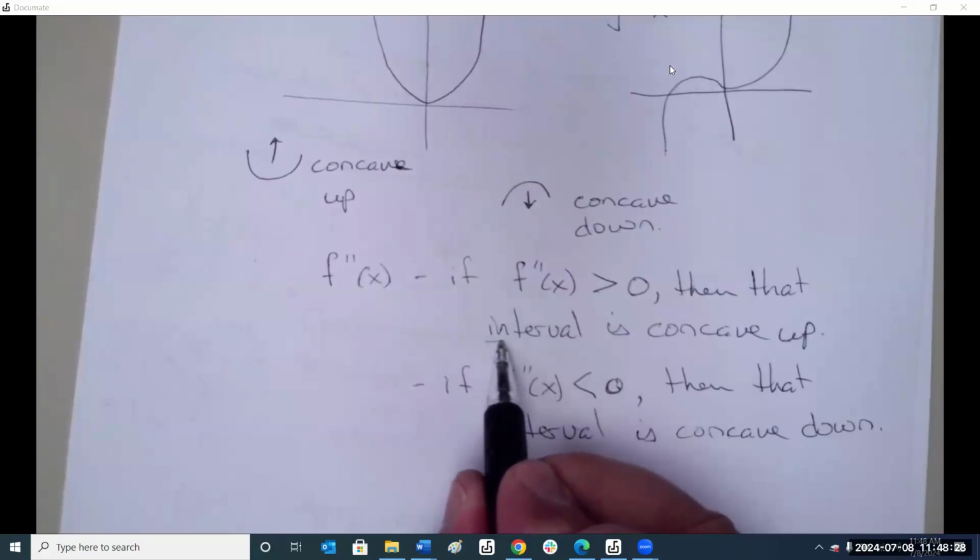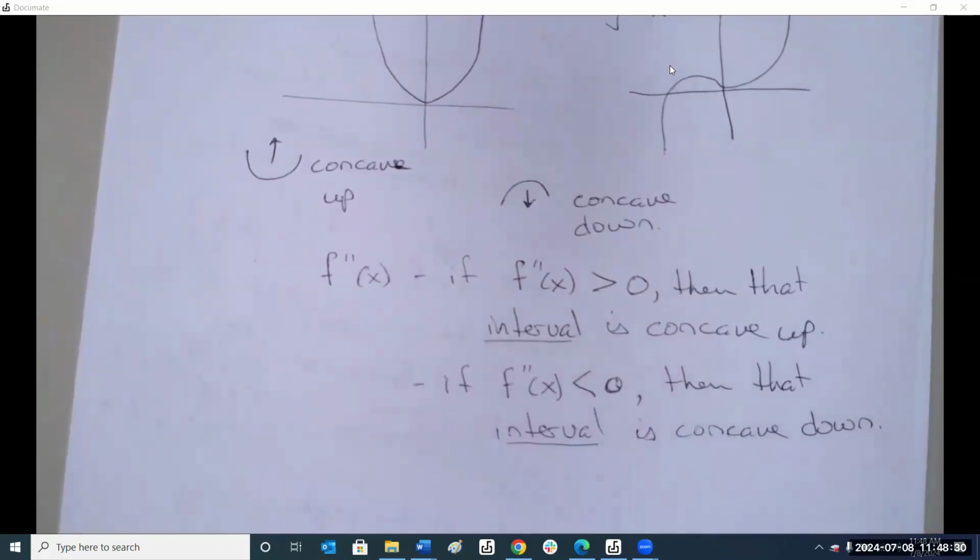Okay, now here I talked about an interval. What interval am I talking about?